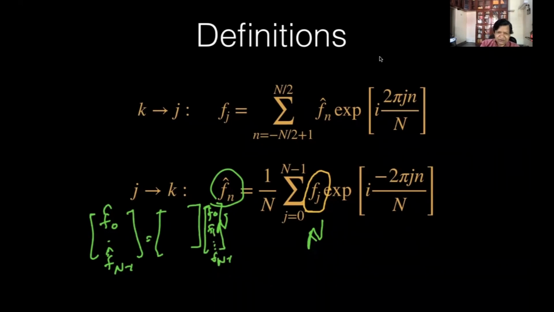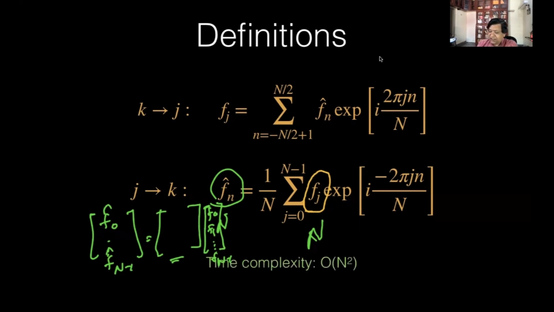It's a matrix equation, and the determinant of the matrix is not 0, so it's invertible. So given f's in real space, we can get f hat and vice versa. So there's a one-to-one mapping from f to f hat and vice versa.